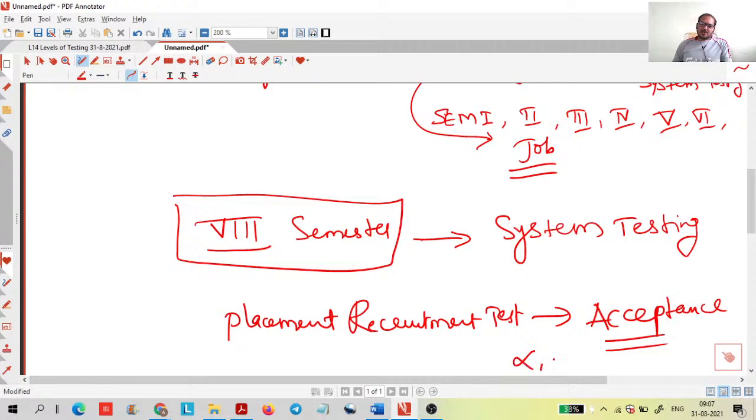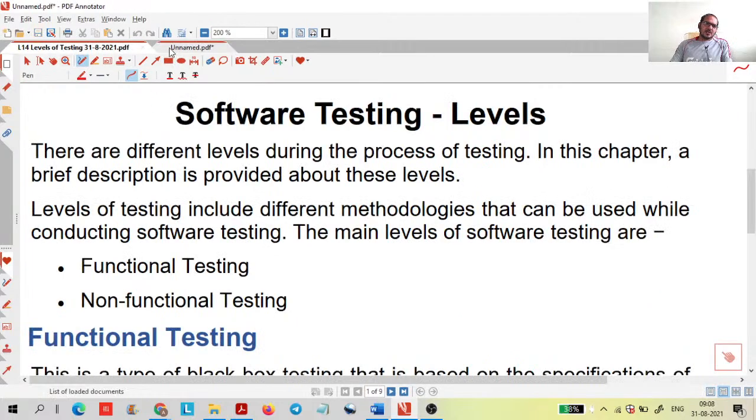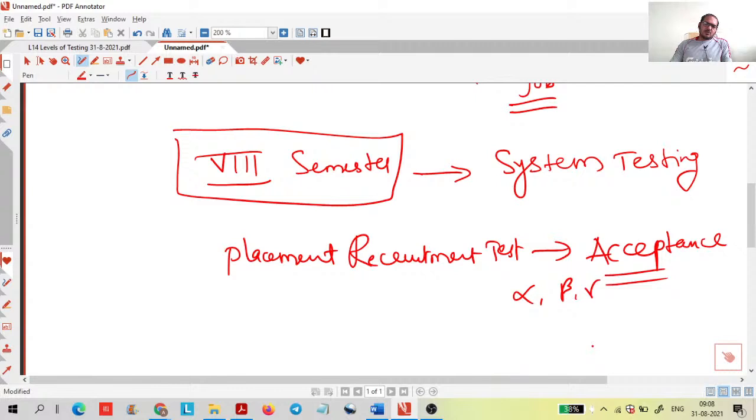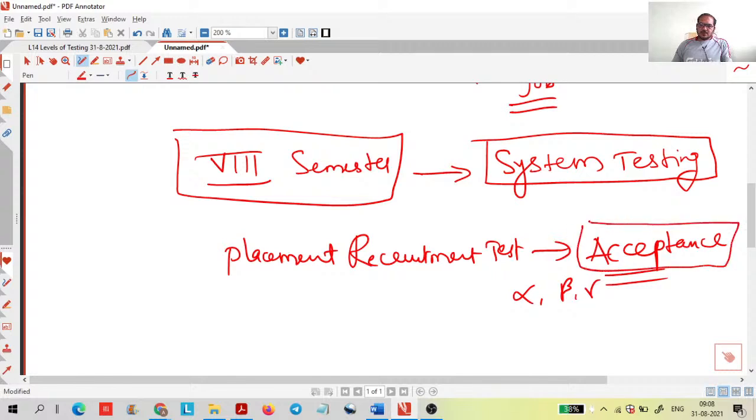Acceptance testing, alpha testing, beta testing, gamma testing: there are different levels of testing. Similarly, to improve quality, how do we get quality candidates? Once he covers all these, the system testing, unit testing, and acceptance testing, and clears the placement recruitment test, we can say he is qualified for the job.